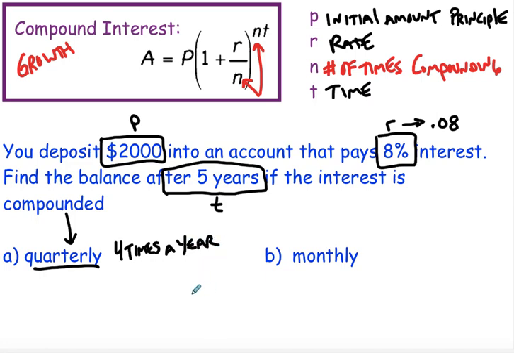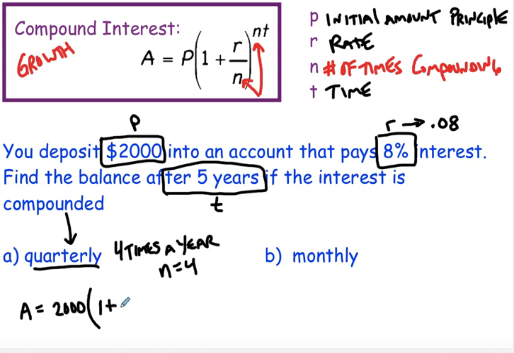So the letter we use for the number of times we're compounding is N. So this means, oops, I didn't want M. Hang on, I gotta erase. N is 4. So now we're just gonna plug everything into our formula. So our initial amount was 2,000.